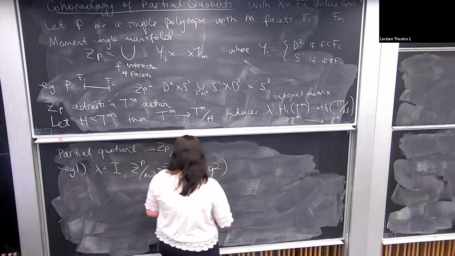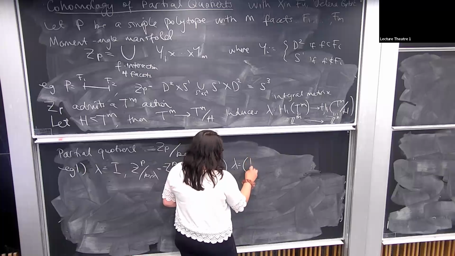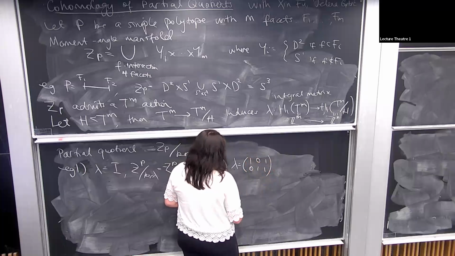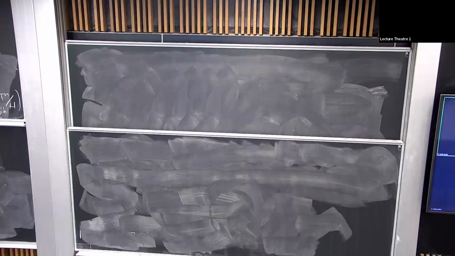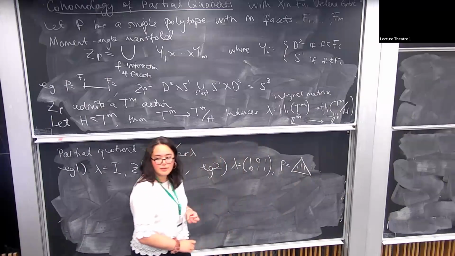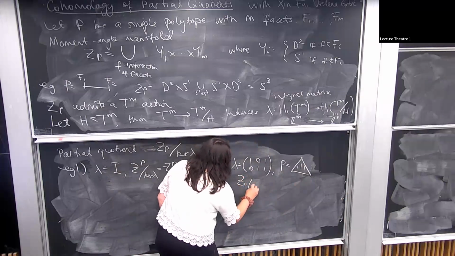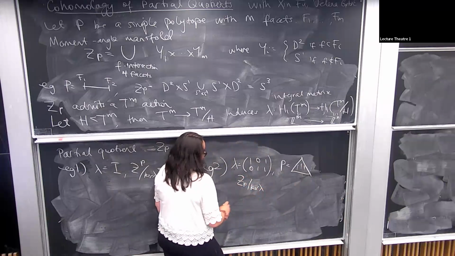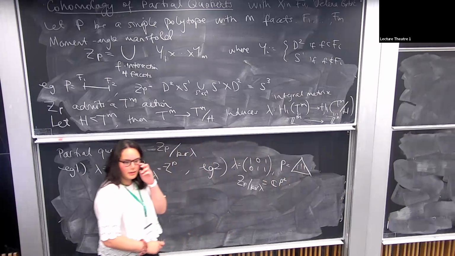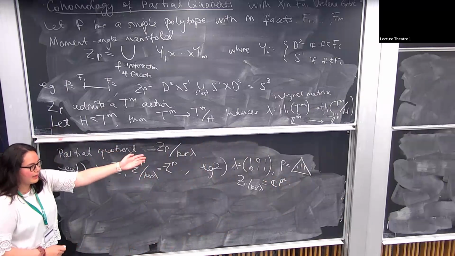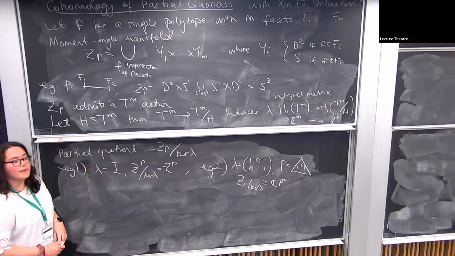A second example: if lambda was the matrix with rows 1, 0, 0, 1, 1, 1, and P is a triangle, then it so happens that Z_P quotiented by the kernel of lambda should give us CP^2. And in general, you can get CP^n if you play with any simplex in n dimensions.